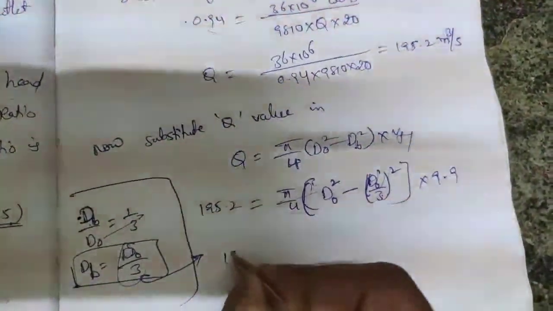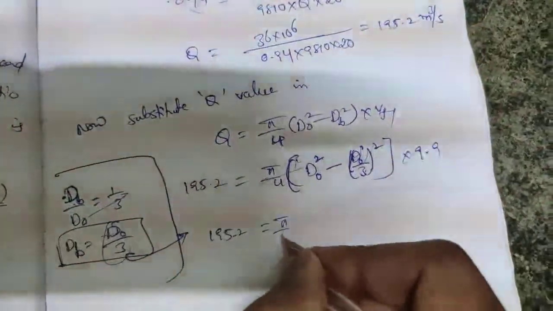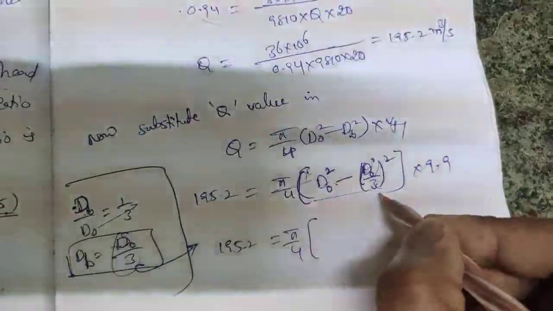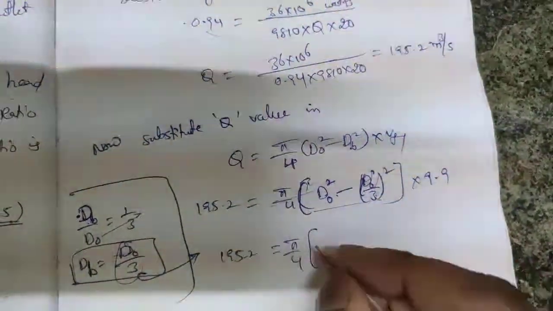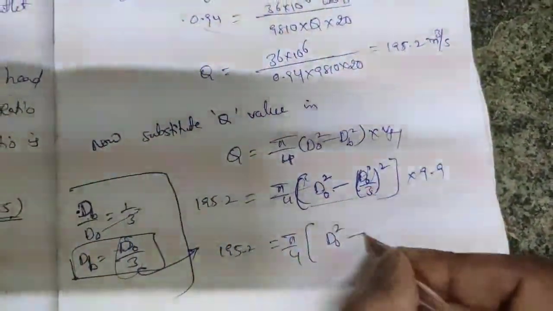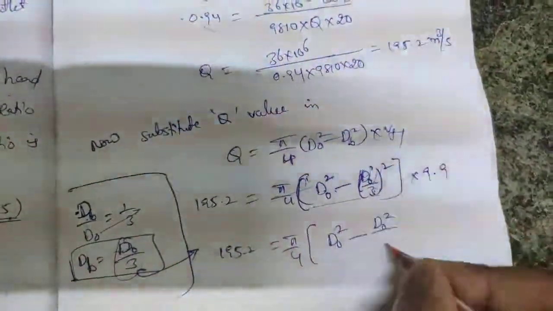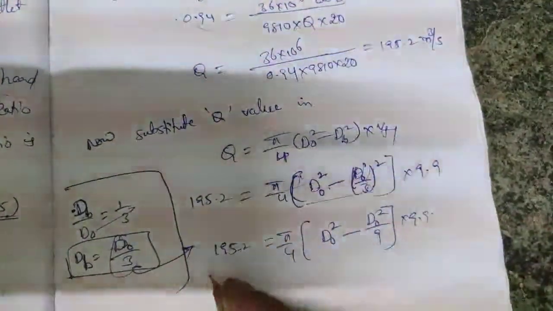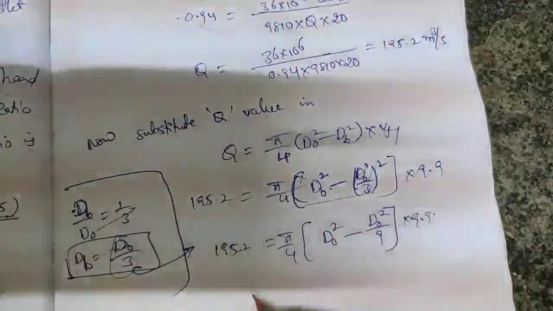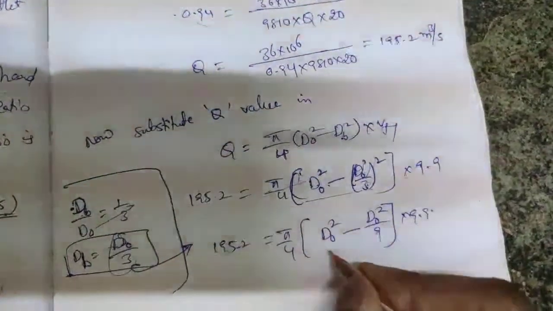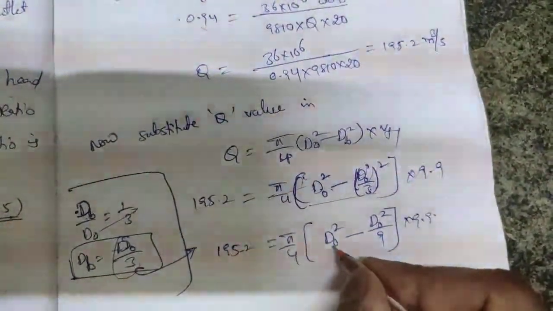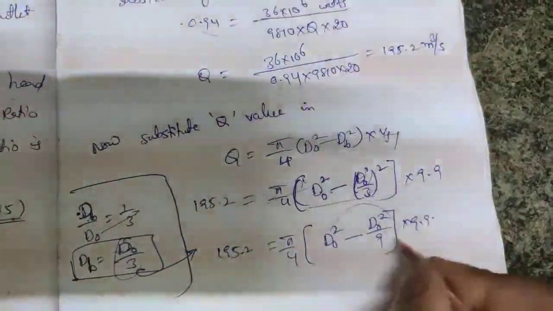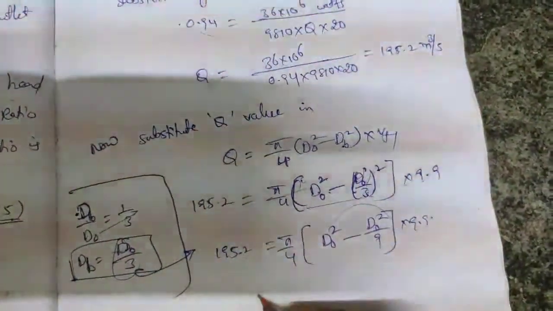So 195.2 equal to pi by 4 into d naught square minus d naught square by 9 (3 square is 9), into 9.9. By solving this equation, keep the other terms on the right side and this on the left side.